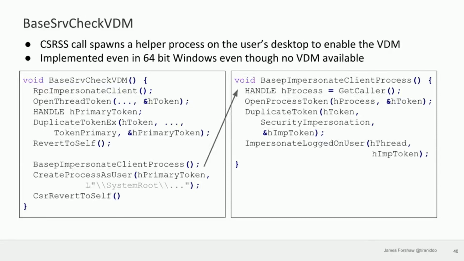Surely that shouldn't be a problem. Well, instead of impersonating the token it already had, it opens the calling process object itself, extracts its primary token, and uses that as the impersonation token. And it just so turns out that the user you're calling CSRSS as does not in any way have to match the primary token you're running your process under.